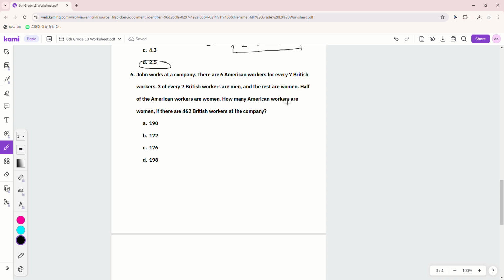So, for this one, it gives you the amount of British workers. So with this, you could divide it by 7 right here.